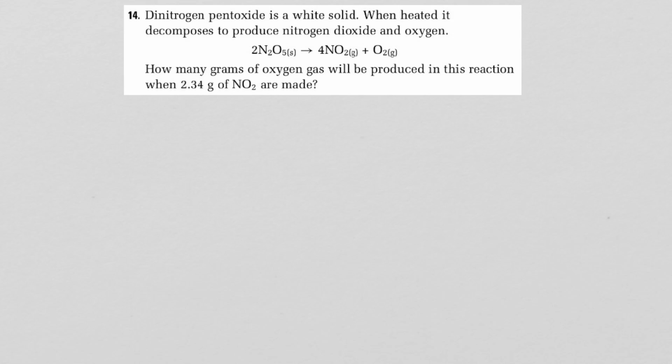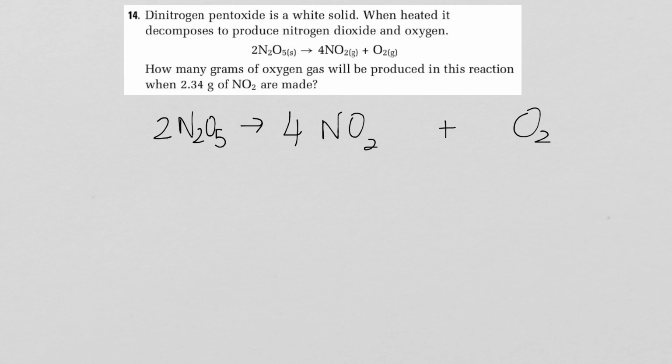So same example. I'm going to write the equation out again so that we have more space. But this time, instead of calculating for molecules or moles, they're asking for grams.